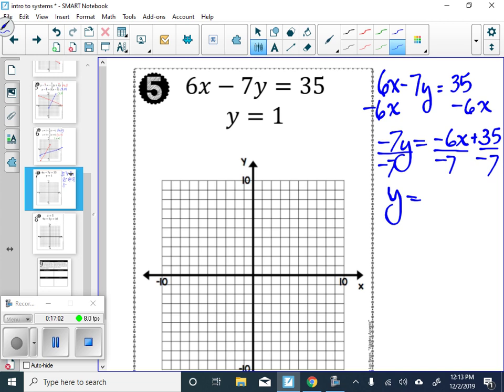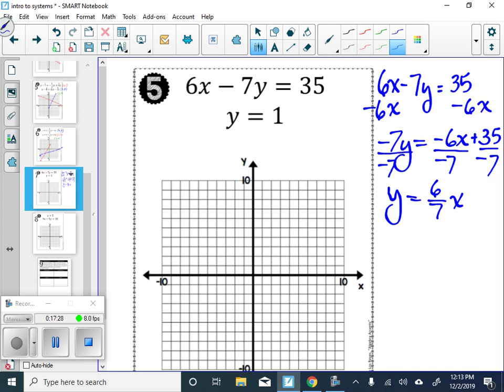So alpha and y equals, that pulls up all of your fraction stuff, yes? And then negative 6 over negative 7, hit enter. What happens? It's just 6 over 7. So it doesn't reduce any. It just changes to a positive. Now, if this were going to reduce, then it would do that for you. And that's what you would write down as your slope.